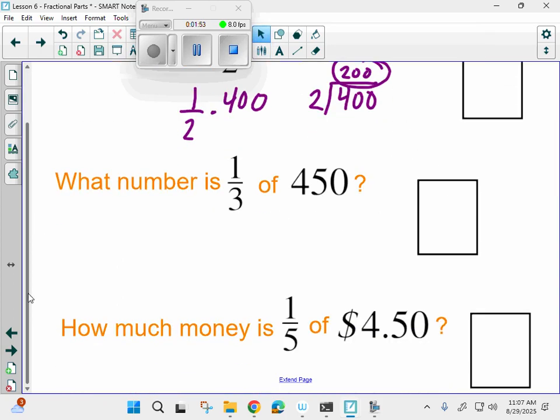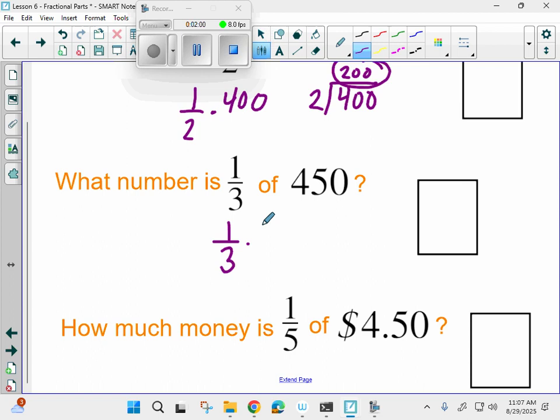All right. What number is a third of 450? We are actually multiplying, again, a third of 450. Of means multiply. All right. But we're going to divide to solve. So to solve this one, Marcus, what are we going to do? 450 divided by 3.